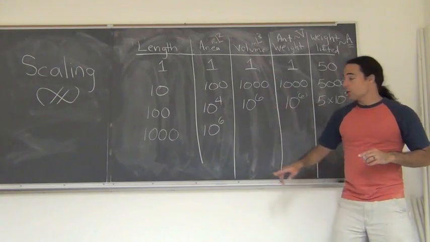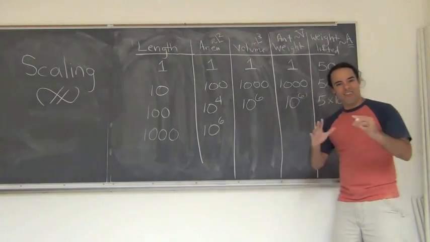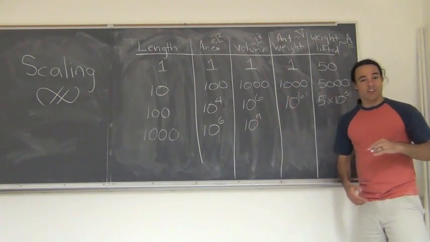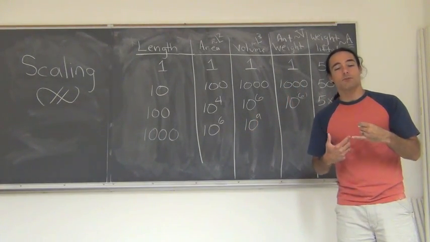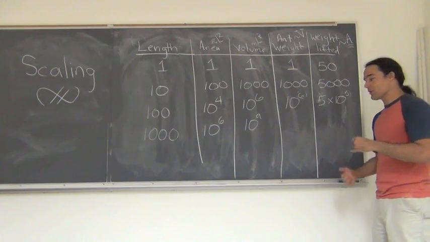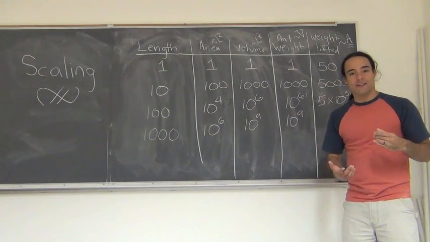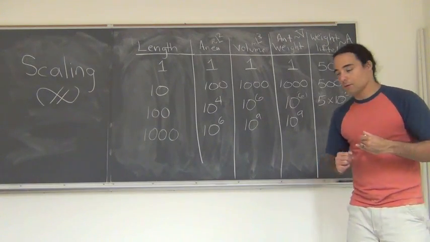Its volume is going to go up by 1,000 cubed. 1,000 cubed is 10 to the 9. That's 1,000,000,000. It has 1,000,000,000 times more volume than it did originally. It also has 1,000,000,000 times as much weight. It's 1,000,000,000 times more heavy.